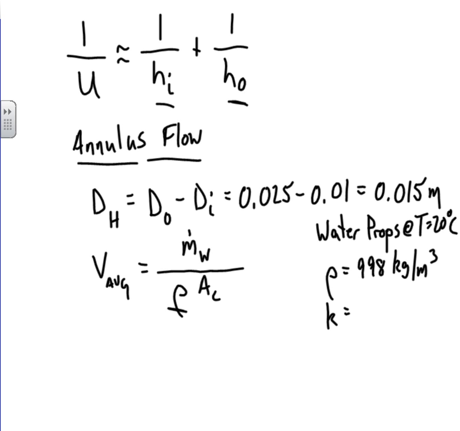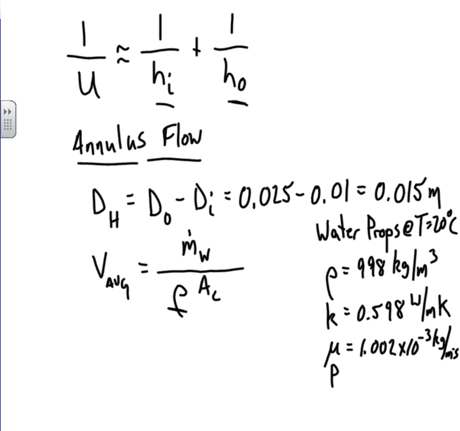The thermal conductivity is equal to 0.598 watts per meter Kelvin. And the dynamic viscosity is equal to 1.002 times 10 to the minus 3 kilograms per meter times second.